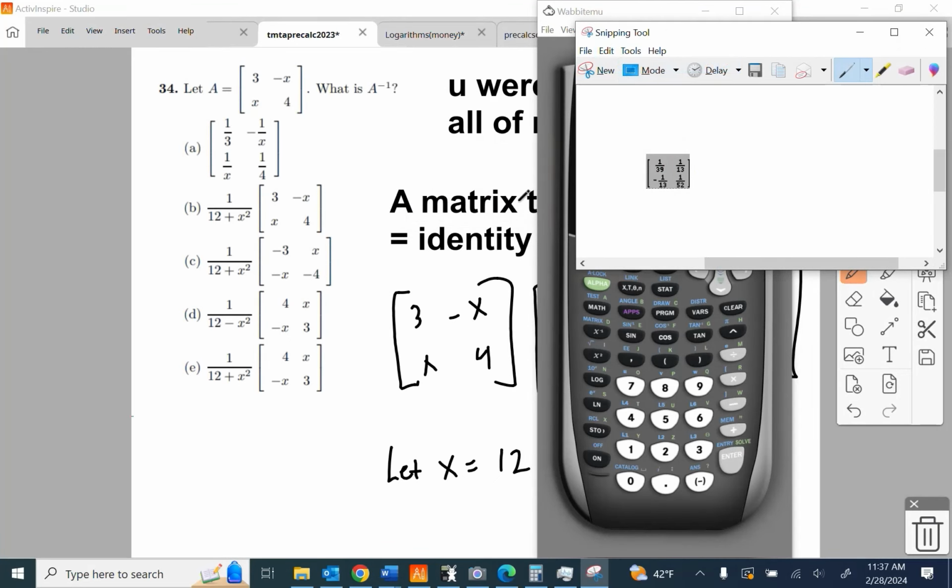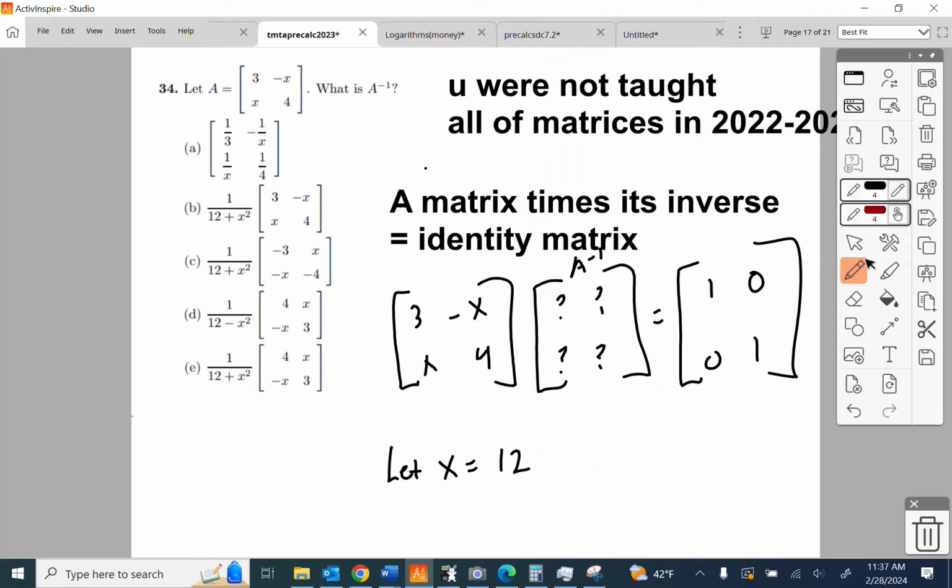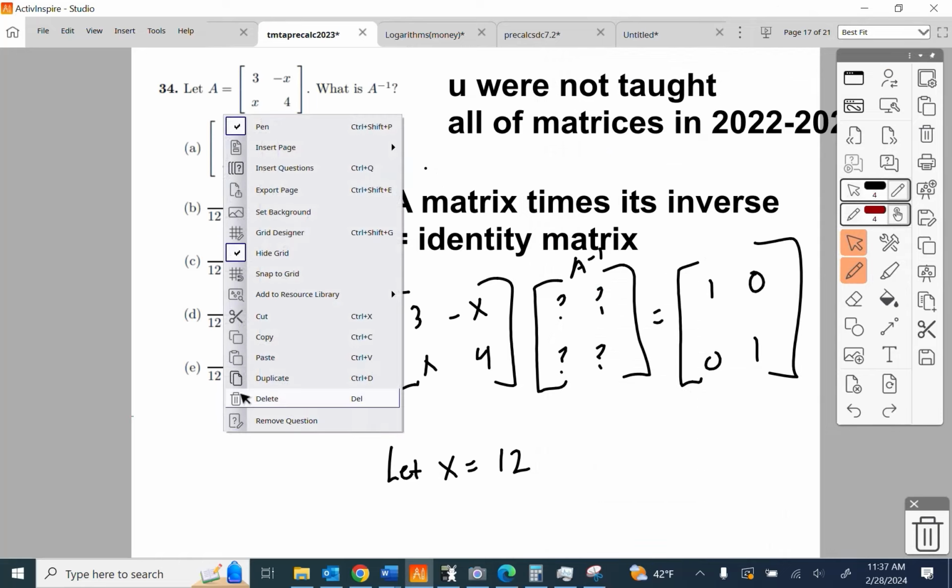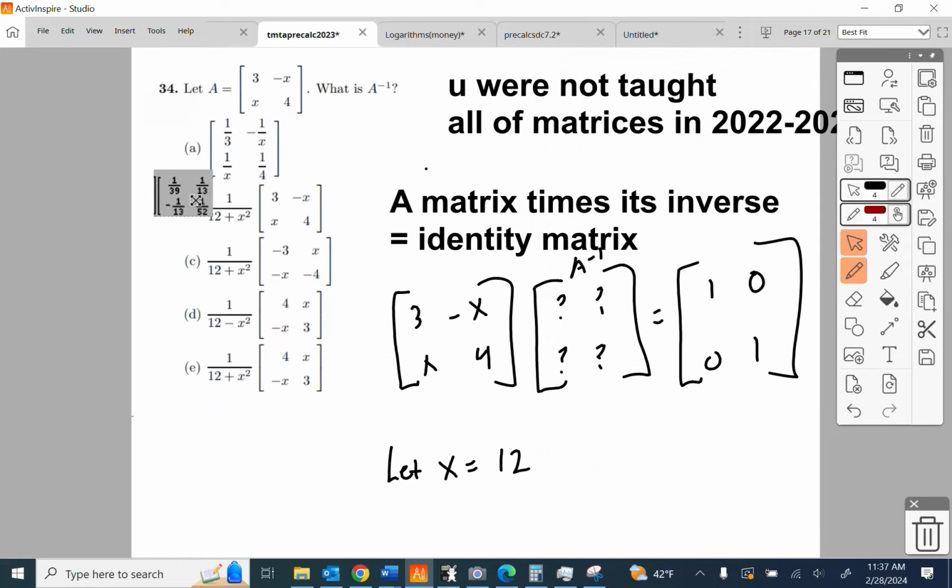And let's see which one of these might be right. Doesn't look like anything there, does it? But you see this out here? That might be the kicker.